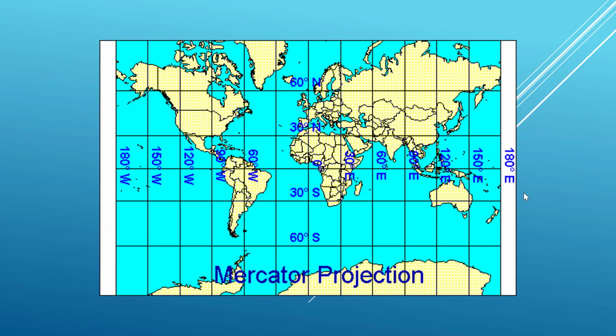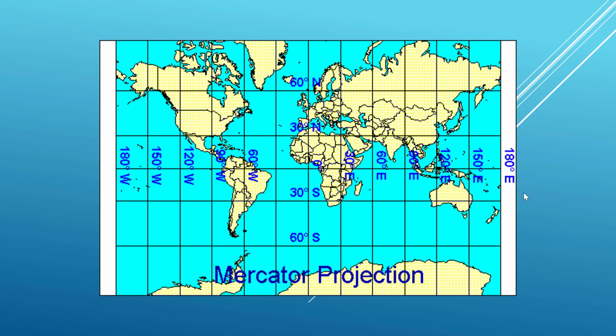Here is another Mercator projection where, going upward from the equator, you have 0 degree, going up 30 degree north, 60 degree north, then going down it increases again to 30 degree and 60 degree south.